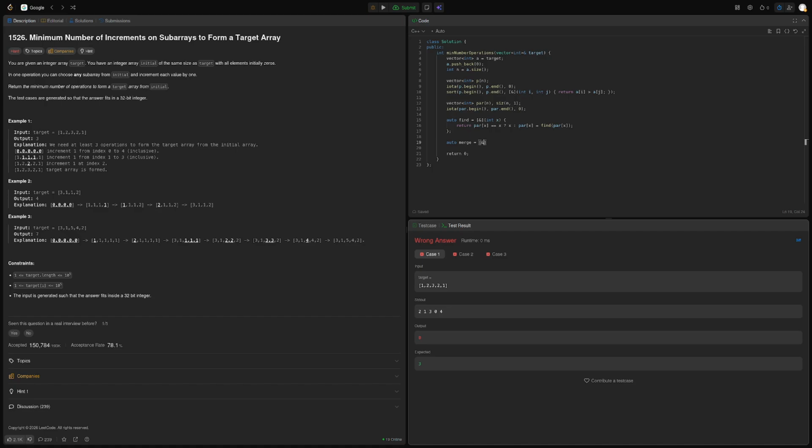Merge. This is just union find, so I do it union by size, so we merge the smaller one into the bigger one, and we append it there, great.